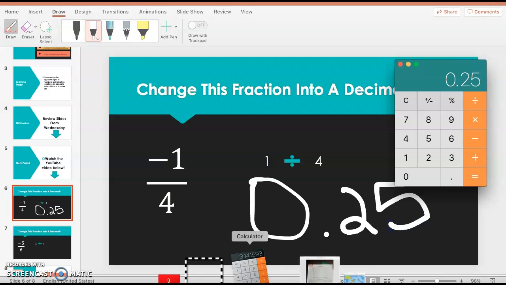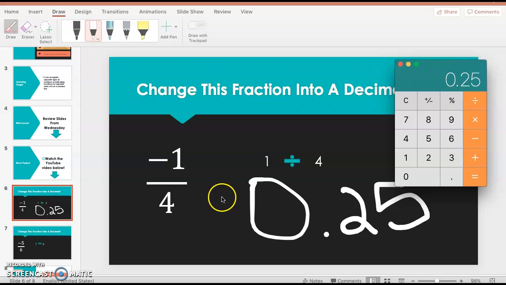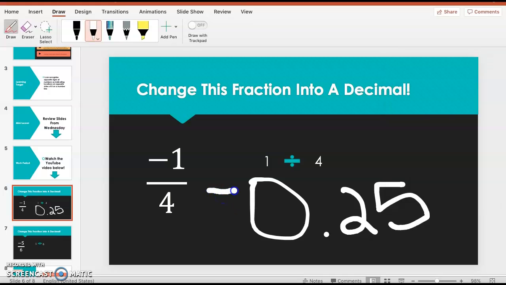Now, on our calculator, there are no repeating numbers, so you will not put a bar on top of here. But we do have a negative, so we need to add this negative at the beginning of our numbers. Okay, so our answer would be negative 1 over 4 as a fraction is negative 0.25 as a decimal.